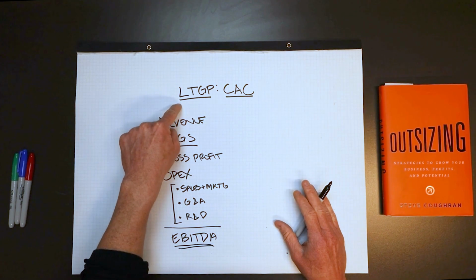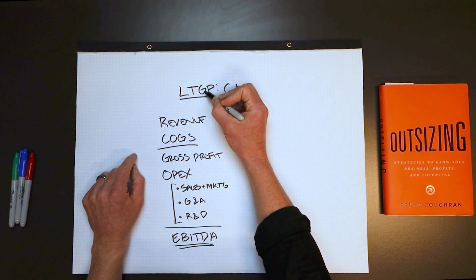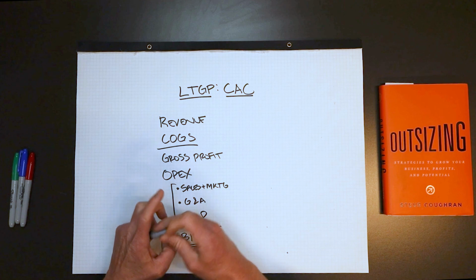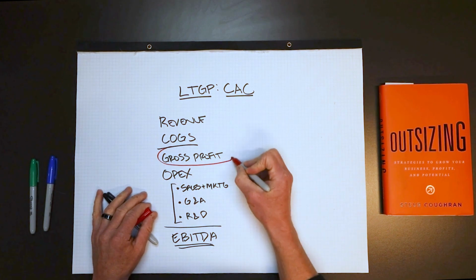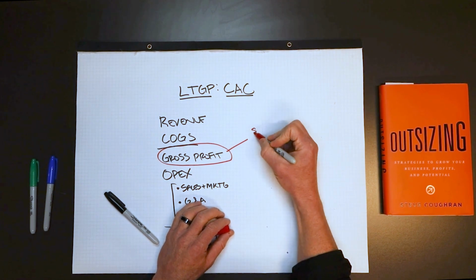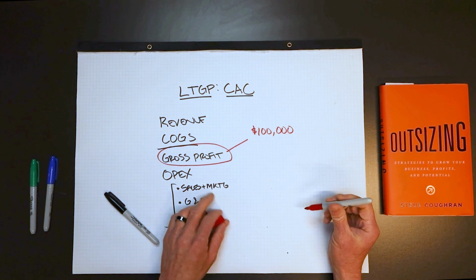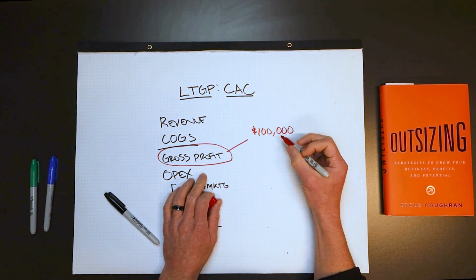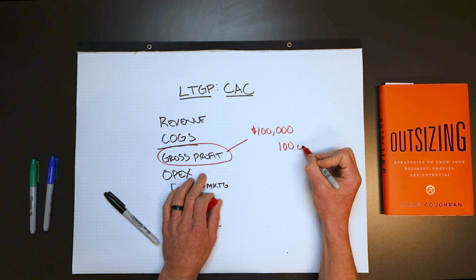All right, LTGP. Let's do this side first. Like I said, lifetime gross profit. So how do you calculate this? If you come over here to your income statement and you take gross profit, and let's just say this number is 100 G's, okay? And let's also say you have 100 customers.